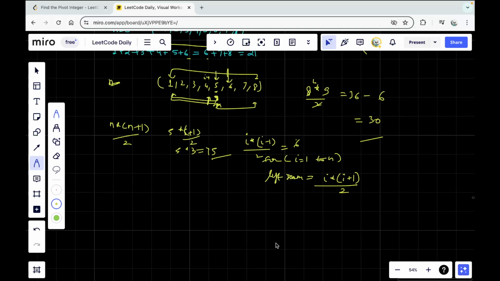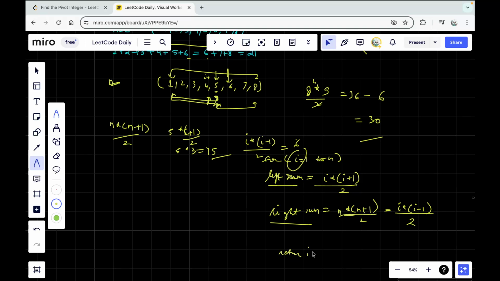For the right part, right sum is going to be the sum of all n natural numbers, that is n into n plus 1 by 2, minus the sum of I minus 1 natural numbers, which is I into I minus 1 divided by 2. So at any I, if left sum and right sum become equal, that particular I is your pivot integer, and you can simply return it. Otherwise, you have to return -1. Pretty easy problem, and this solution will be your big O of n solution.